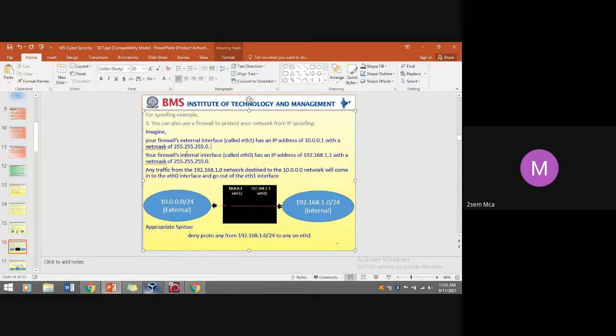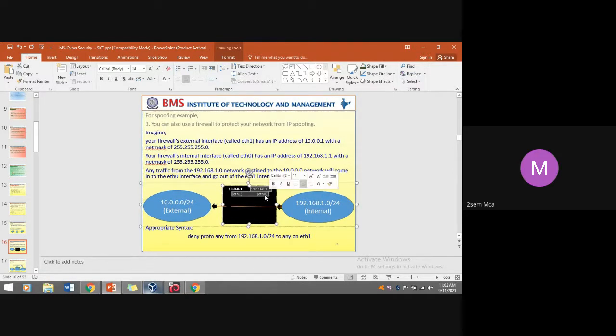Your firewall's internal interface, called ETH0, has an IP address of 192.168.1.1 with a net mask of this. So the internal interface is ETH0, and the external interface of the firewall is ETH1.